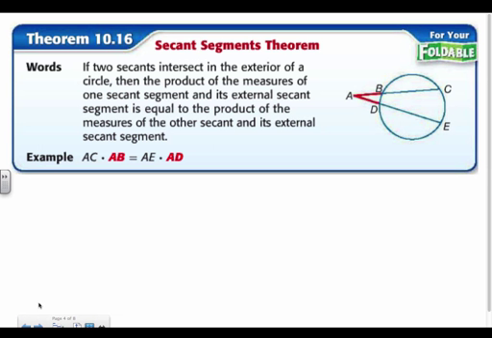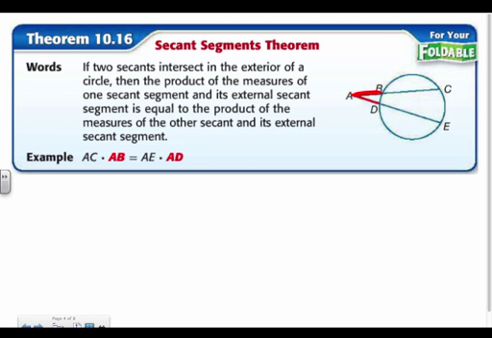Our next theorem, well, we could have an intersection on the outside of our circle as well. Okay, this is a little different. It's not part times part anymore. If we have an intersection on the outside, so I got secants that are intersecting at A on the outside, we take the outer part times the whole segment.